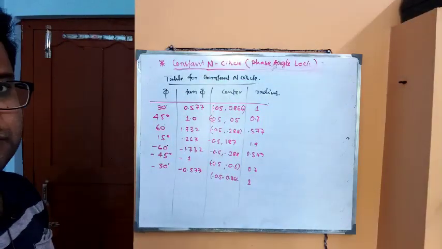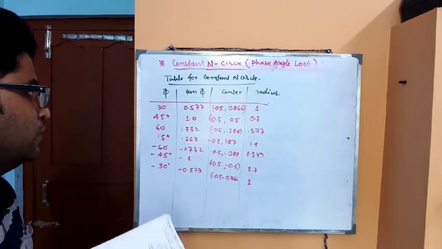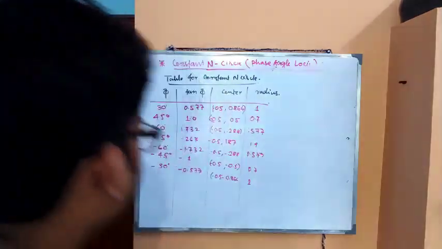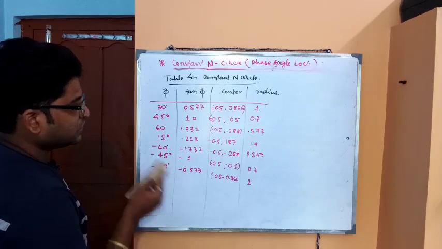So from these values we can draw the n circle. For drawing the n circle, I am just rubbing the table. Just try to remember this table in mind.